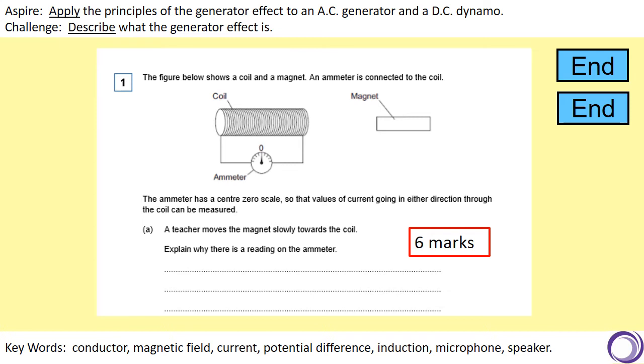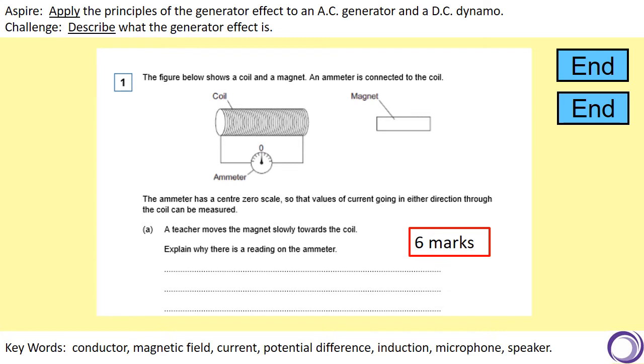So imagine the magnetic field, drawing it around that magnet as we've drawn it before. And as you move the magnet towards the coil, the magnetic field lines cut through the coil. As the magnet is moving then, we will have an induced potential difference first. So we've got an induced potential difference across the coil.